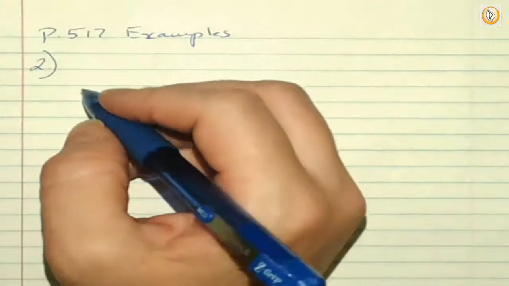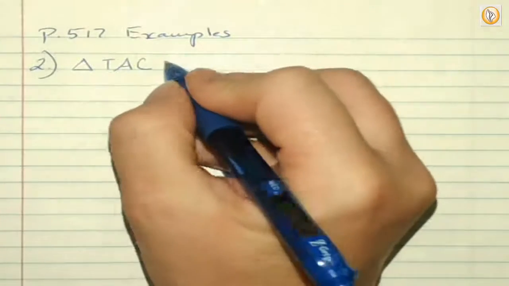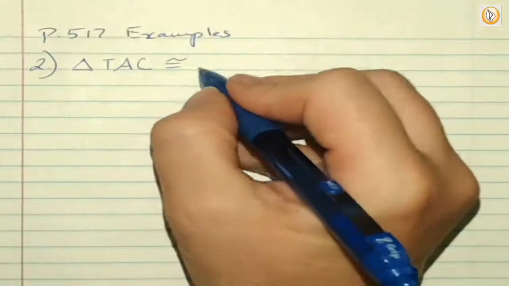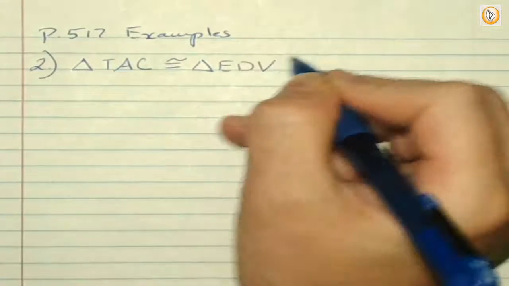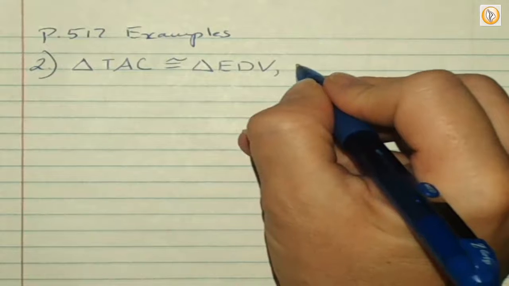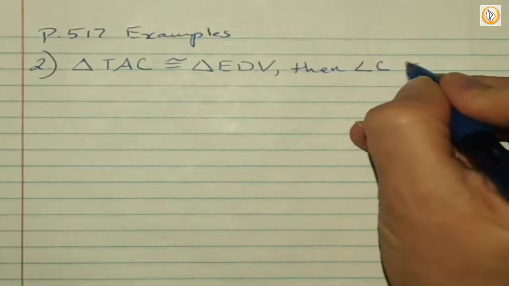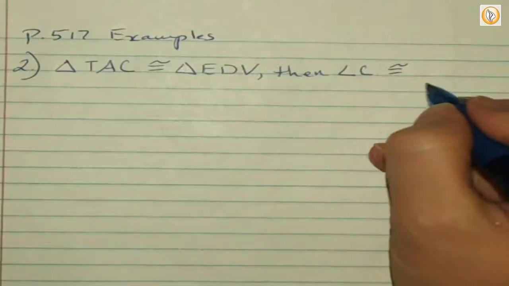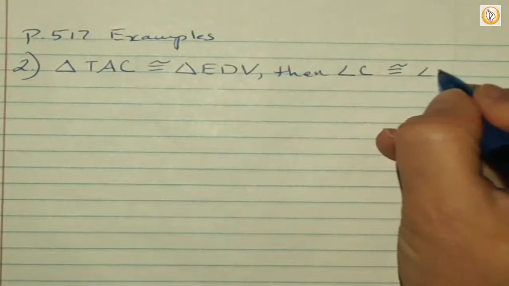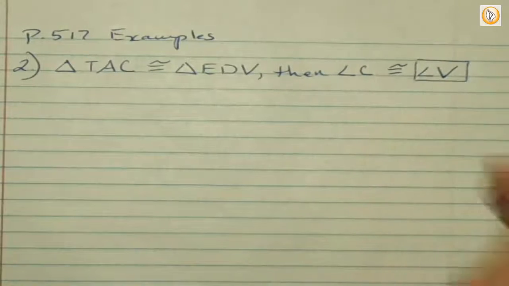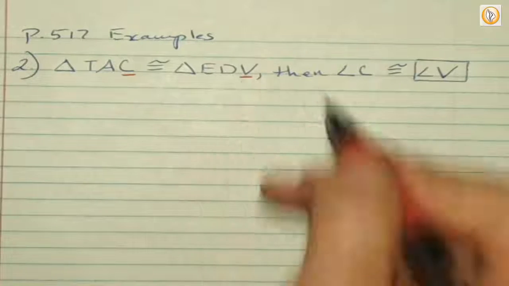It says if triangle TAC is congruent to triangle EDV, then angle C is congruent to what angle? Gabby? Angle V. That's not so bad, is it? So angle C is congruent to angle V.